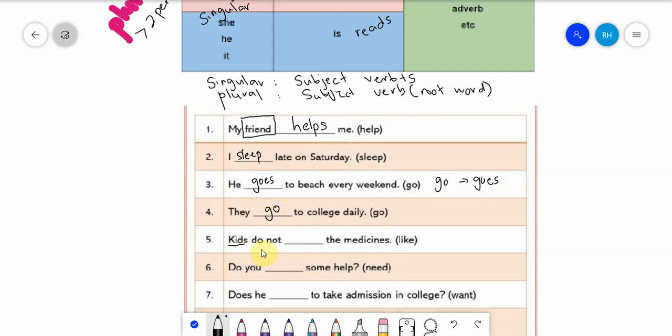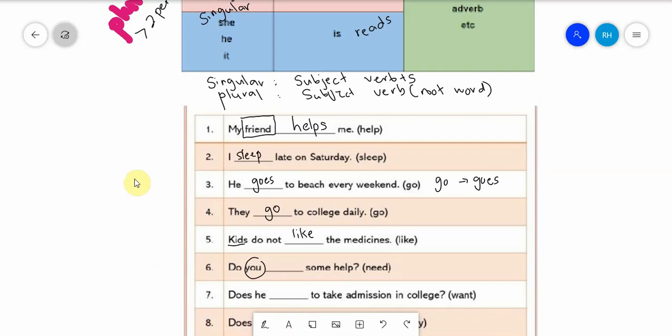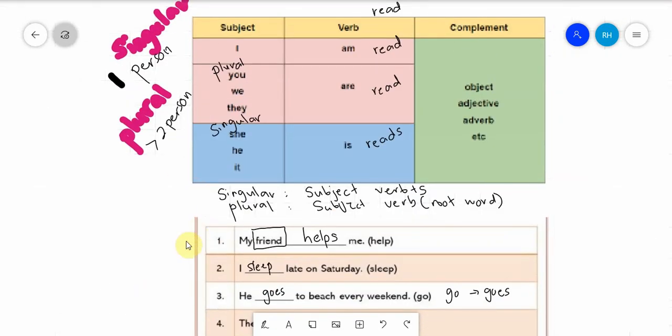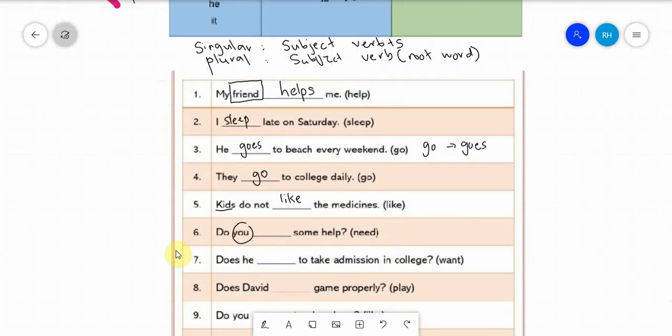Kids is plural, so no s. Do you need some help? You is the subject, and you is plural. Remember, you is plural. Is there any s that we have to put after need? No, we don't have to put s. So, the answer is need.